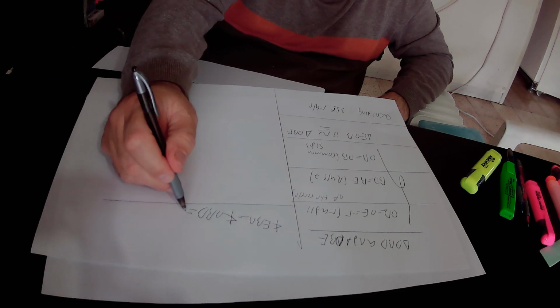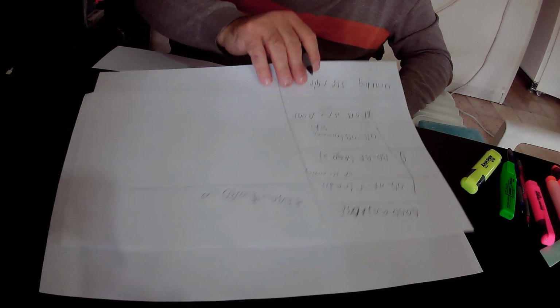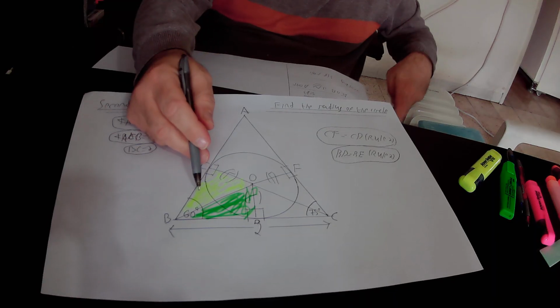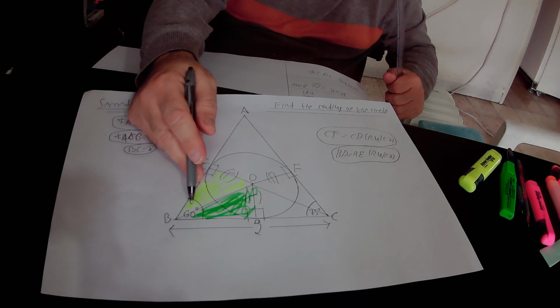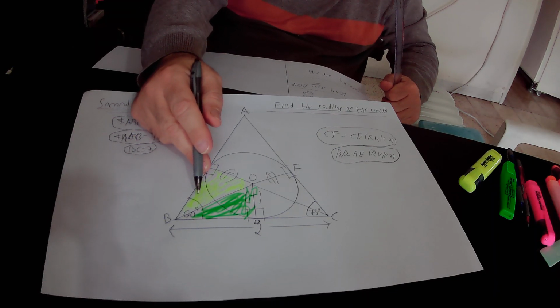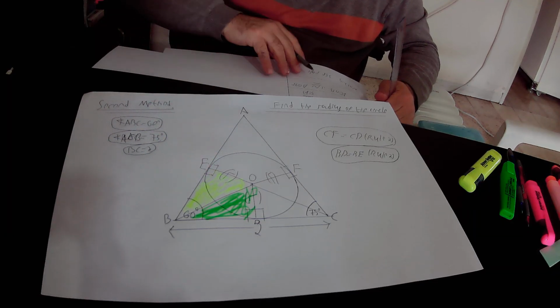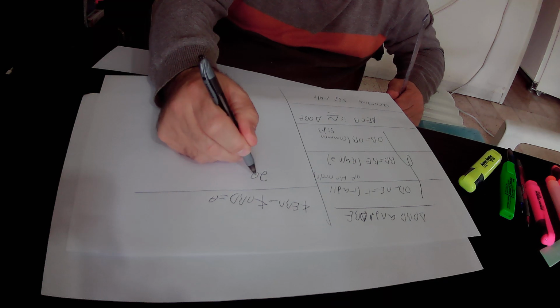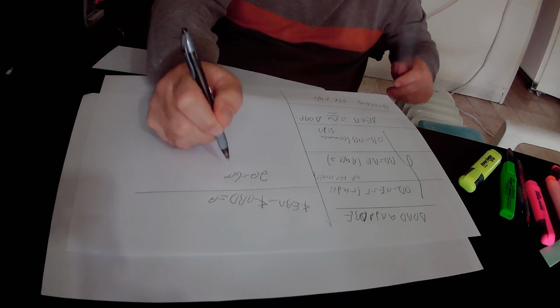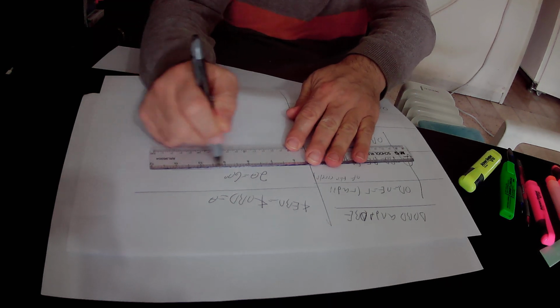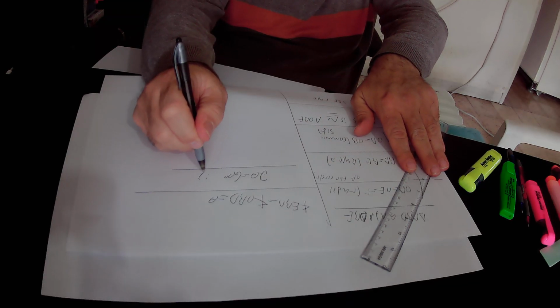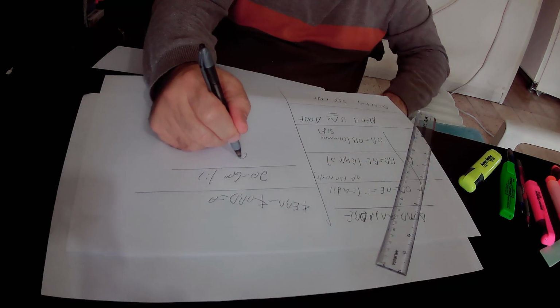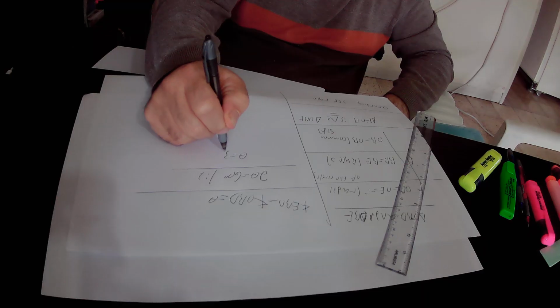So theta plus theta in total equals 60 degrees. That is to say, 2 theta equals 60 degrees. We divide this equation by 2 and finally we get that theta equals 30 degrees.